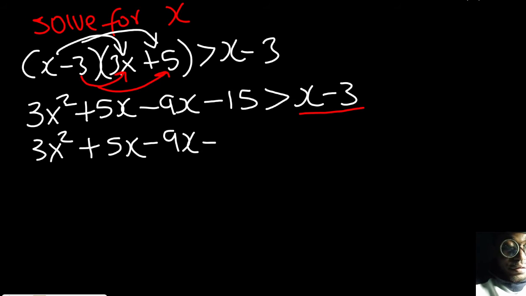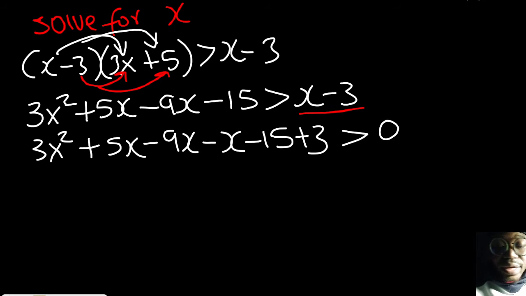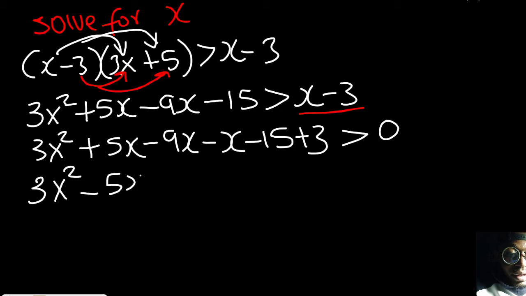So on the left hand side we're going to have minus x, minus 15 plus 3 is greater than 0. Okay, so let's add the like terms. 3x squared, from this we get a negative 5x, and from this we get minus 12 is greater than 0.